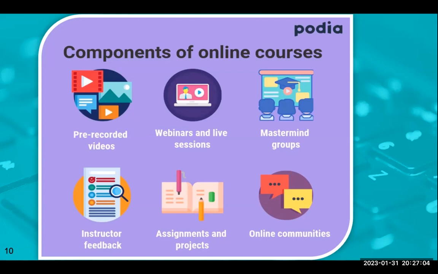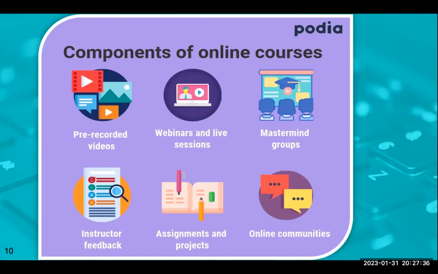Once you are sharing your knowledge and teaching your students, you're sending them material, and at the end, if you want to analyze what kind of learning progress they have, you can send them assignments and projects, and once they complete them, you will get an idea of what progress they have. In the end, there are online communities, or you can create different types of platforms where students can communicate, and these kinds of online communities are available in your learning management systems.